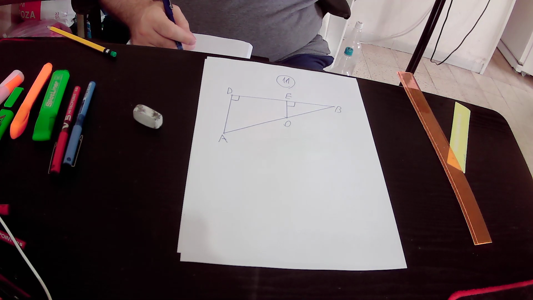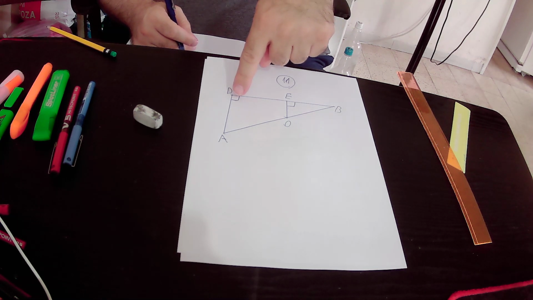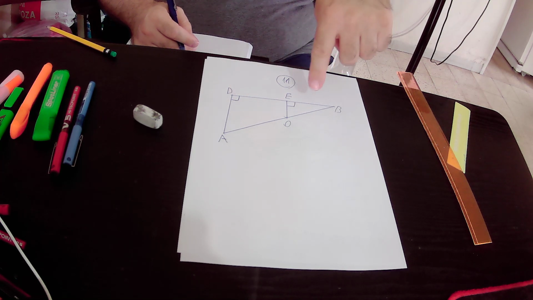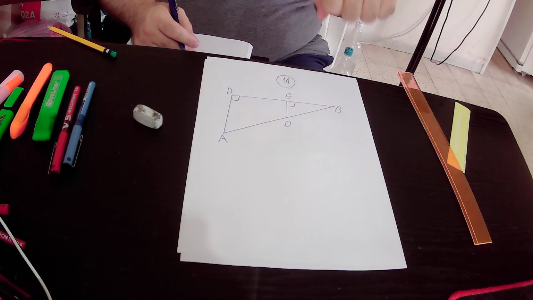As you can see from the drawing, those two triangles are right triangles because the big triangle has angle ADB that is a right angle, and the small triangle has angle OEB that is also a right angle. Therefore, those two triangles are right triangles.